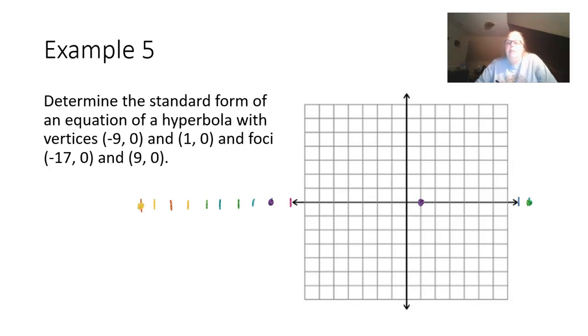Now, the center of this thing we should be able to figure out, because the center should be located exactly halfway in between the two vertices. And since my vertices are located at negative 9 and positive 1, this length, 1, 2, 3, 4, 5, 6, 7, 8, 9, 10, if we go halfway in there, that's going to take me back here to negative 4.